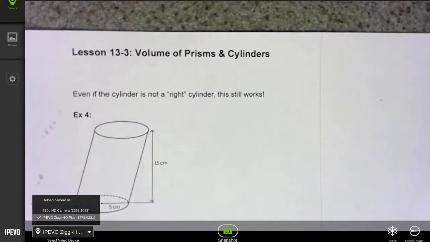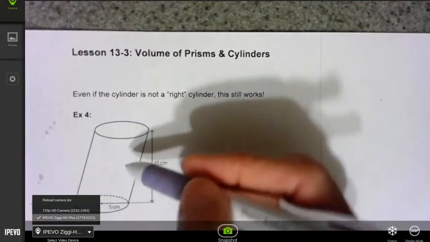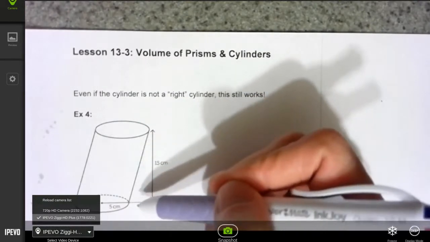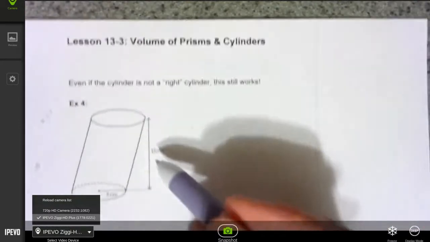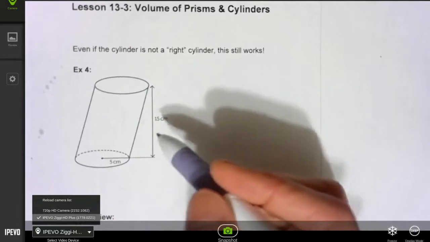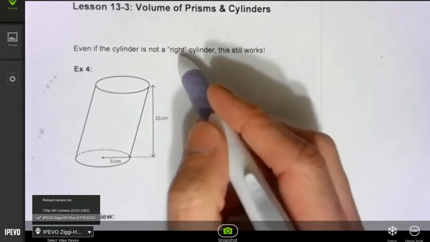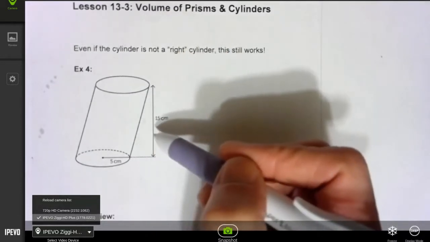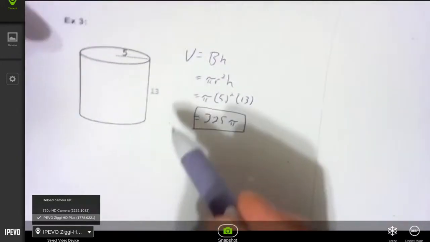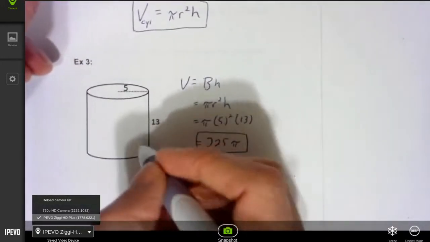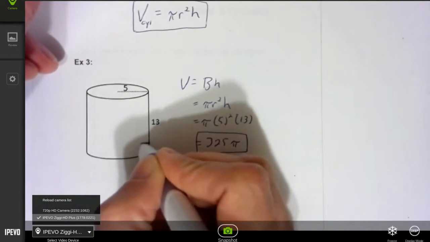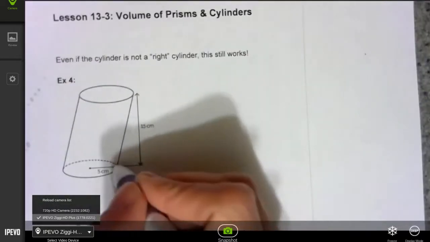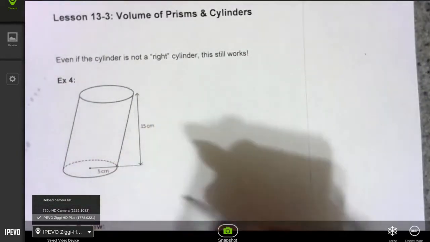Now we said not all cylinders have to be straight up and down like we're used to dealing with. Some cylinders are at a slight angle like this, okay? This is what's known as a non-right cylinder. The cylinder that we dealt with in the last problem is a right cylinder because the side and the base make a right angle. But here, the side and the base do not make a right angle.